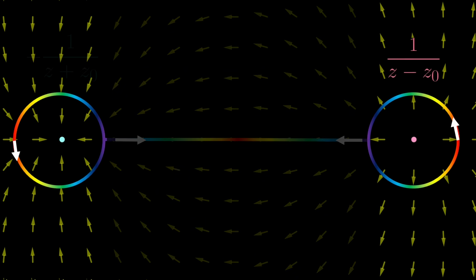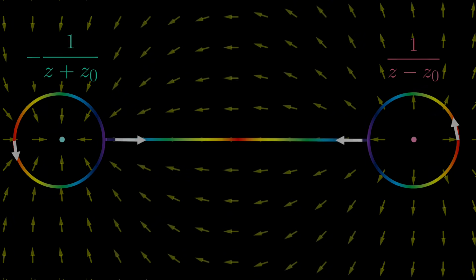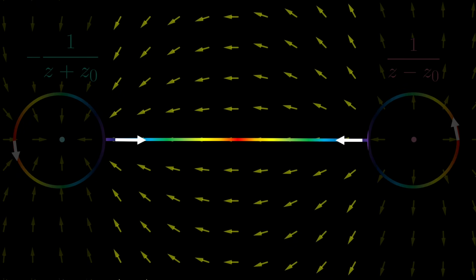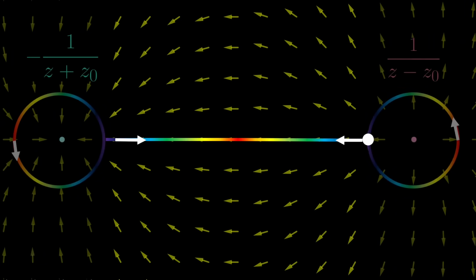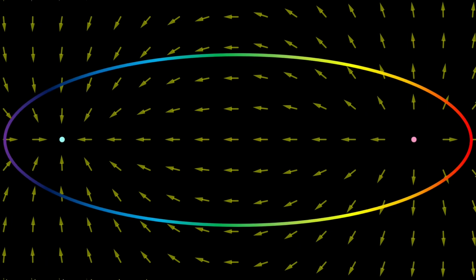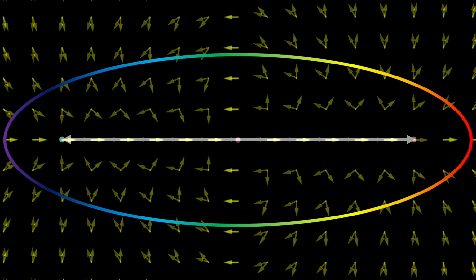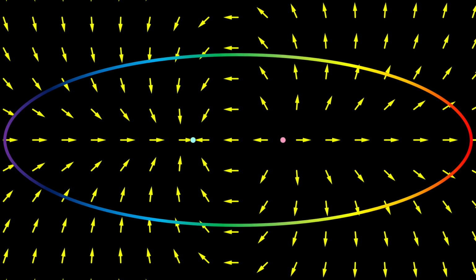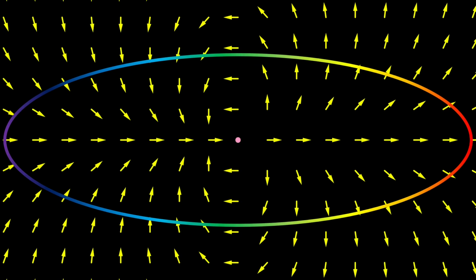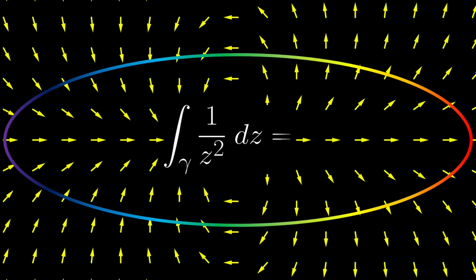Not too surprisingly, these two circular loops would give exact opposite values, and so they cancel out each other. And for the link between them, the overall effect is just going back and forth, and so the integrals would again cancel out each other. So the integral along the original contour would be 0, and this has nothing to do with the distance between the source and the sink. So throughout the process, the integral along this loop is 0, and hence at the end, the integral of 1 over z squared is 0.